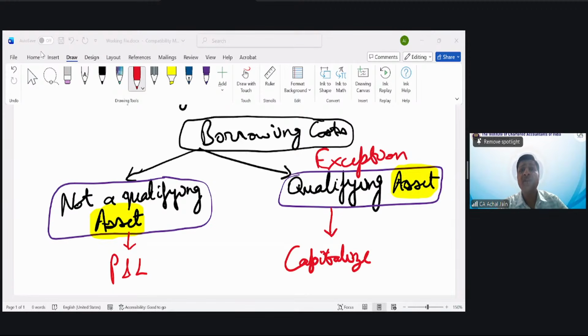Suppose you have an intangible asset which is under development. Many a time there are intangible assets under development which take 1 year, 2 years, 3 years to get completed. Will that meet the criteria of a qualifying asset? The answer is yes. I think intangible assets as a concept you have not yet covered, as per my understanding.